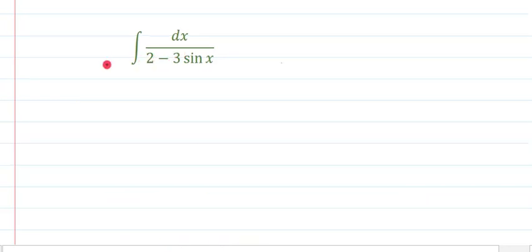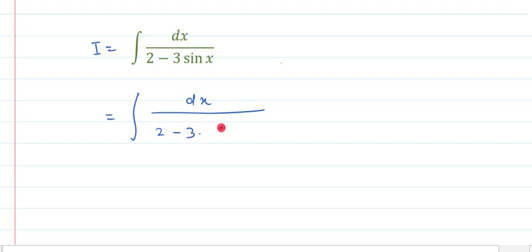This is of second type of integration that I have written in front of you. Let us consider that this is equal to I. So as explained, dx upon 2 minus 3 into 2 tan x upon 2 upon 1 plus tan square x upon 2.